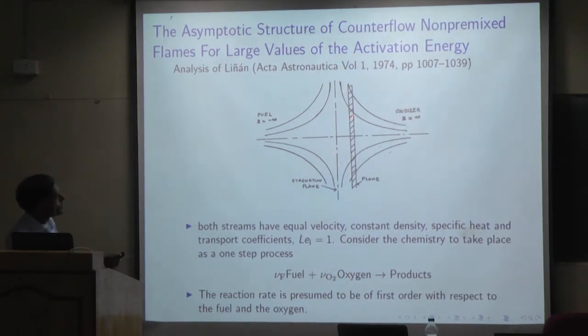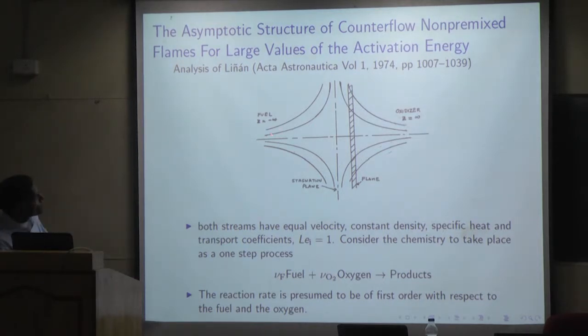I urge you all to read this paper by Liñán, in Acta Astronautica, which is actually a must read. This paper has a lot of good information on diffusion flame structure.